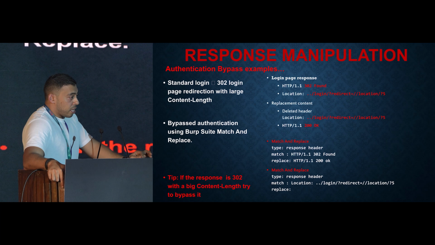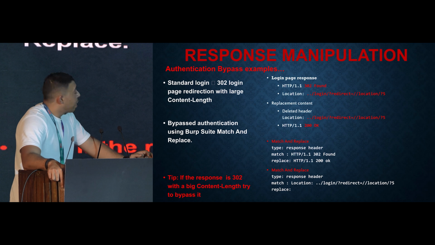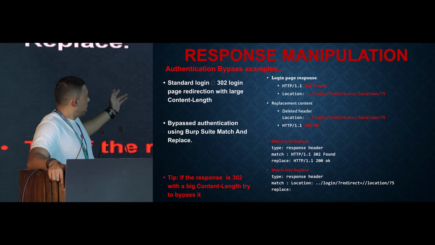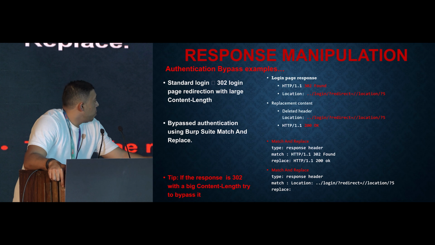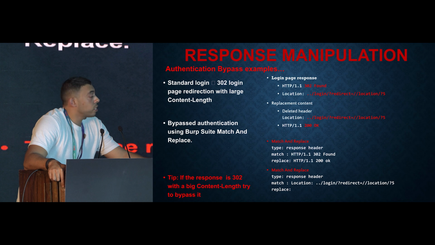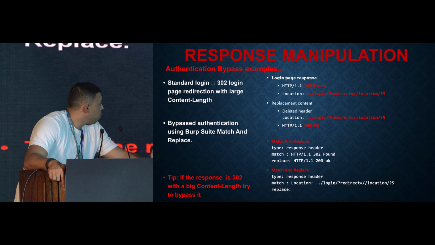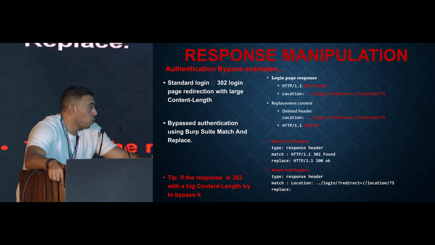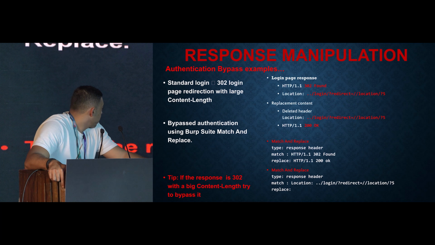But the only interesting thing was that there was a huge content length. So what I did was change the response from 302 Found to 200 OK, and I removed the full Location header. And I got a valid login for that panel.